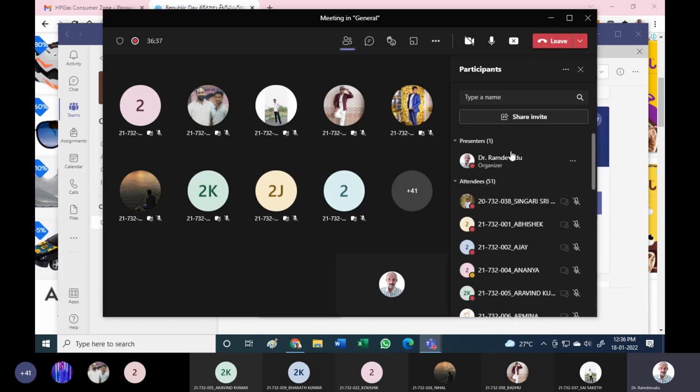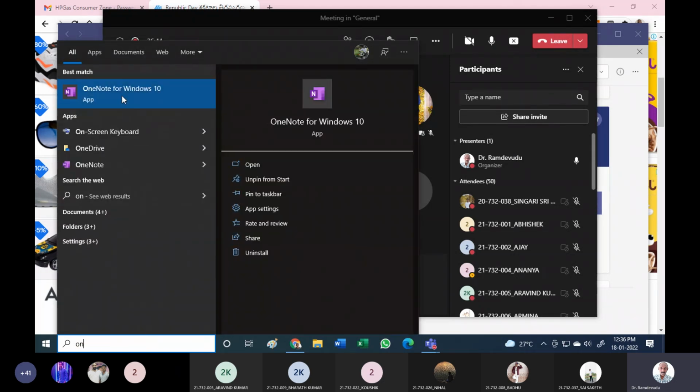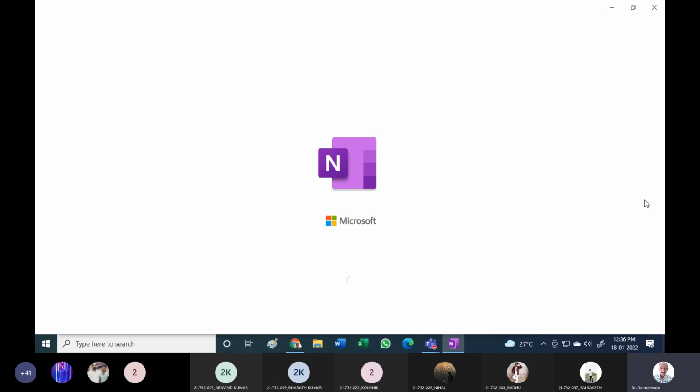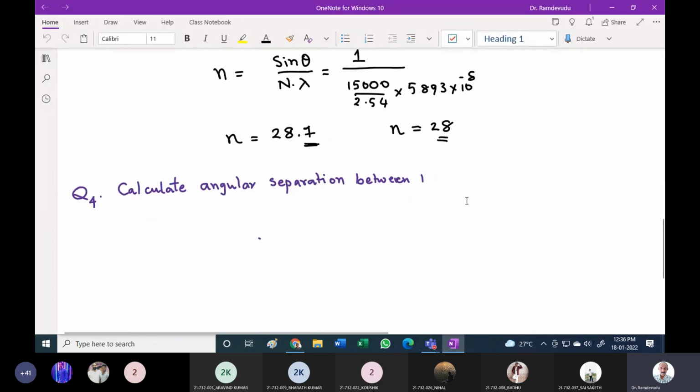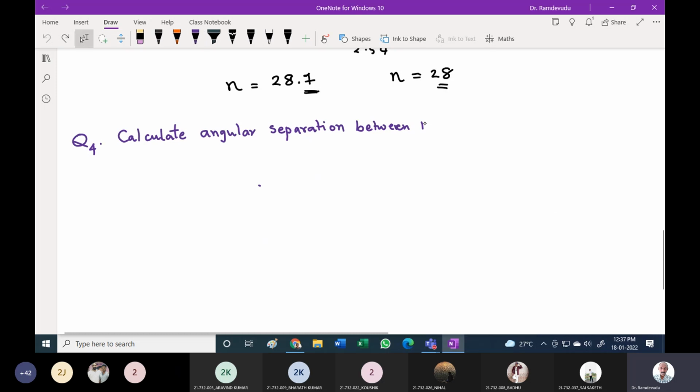Okay. Now you see, calculate the angular separation between the first order.